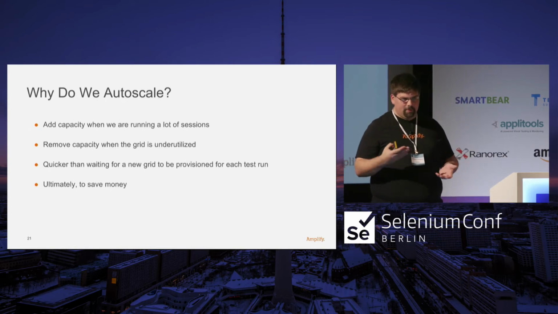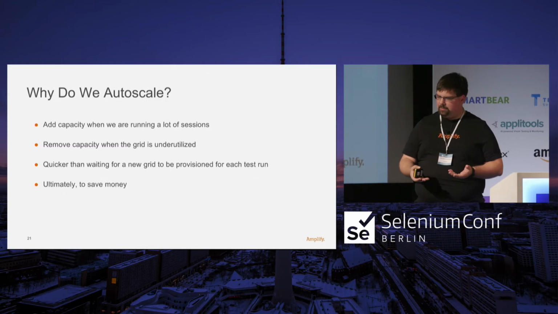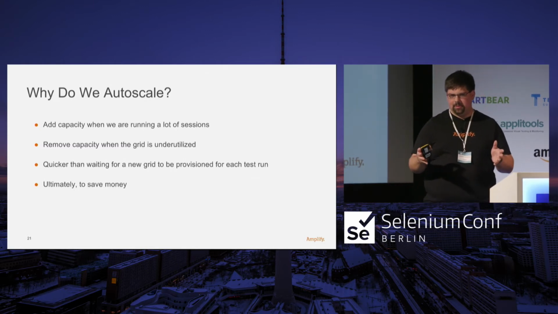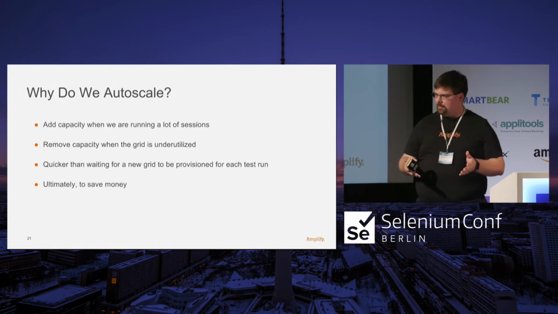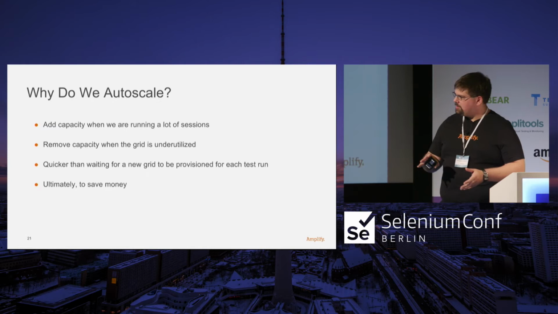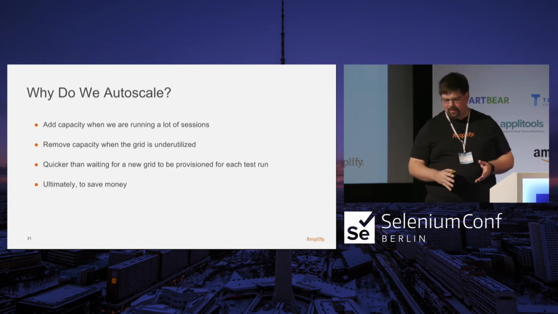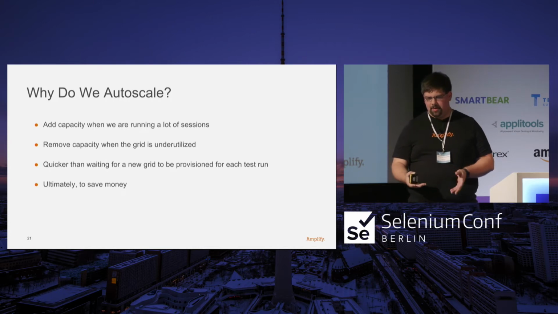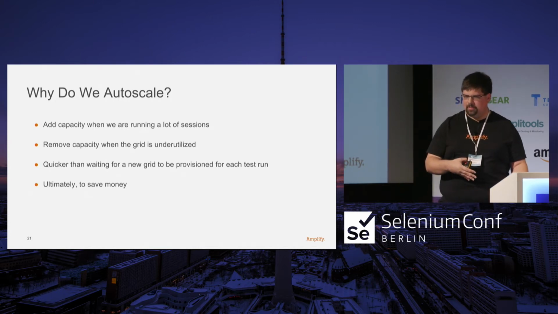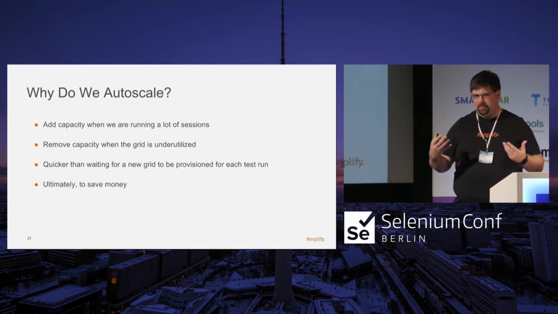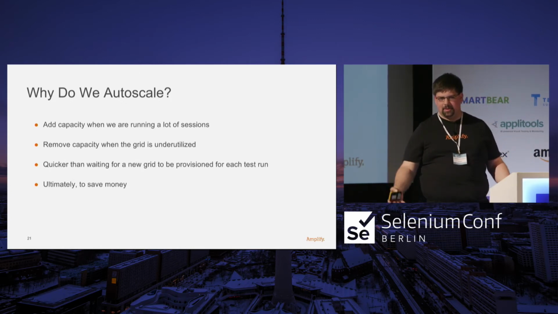The reason we went with this instead of some other pattern, like creating a new Selenium Grid for every single test execution, is that we decided this was ultimately going to be faster and hopefully cheaper. If you need to wait for a new grid to be provisioned for every test run, and you want your developers to run those tests all the time, you're introducing a 5 to 7 minute wait time every time they want to run tests, on top of the tests actually running.